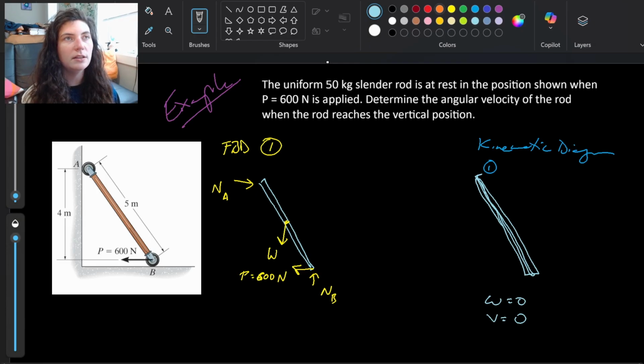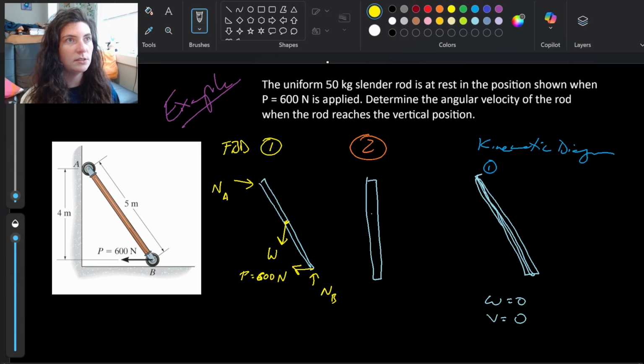Then let's do our free body diagram for the final position. In the final position, we still have all of these forces still applied, but now our rod is vertical. So we've got this straight vertical rod.